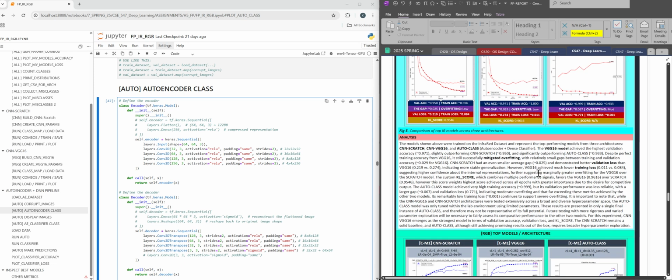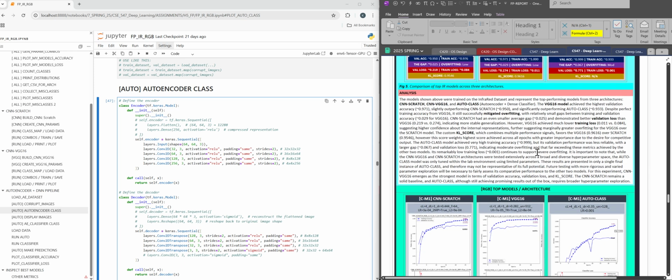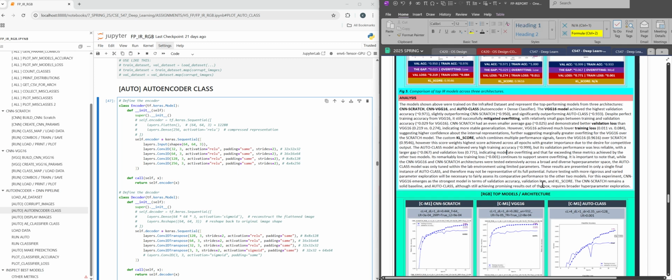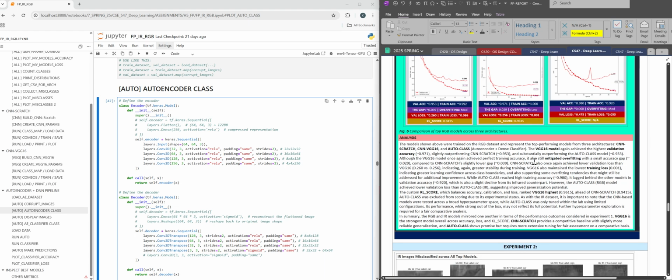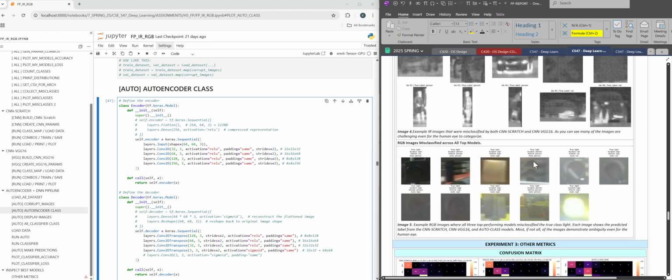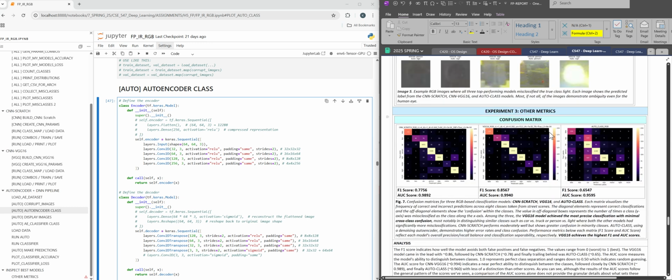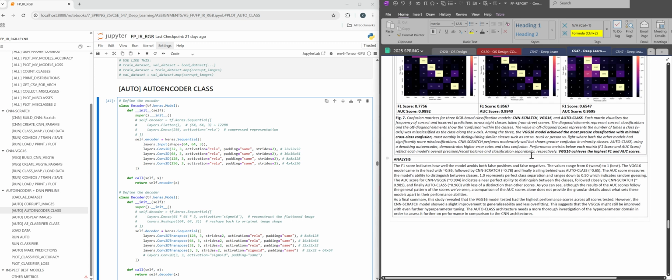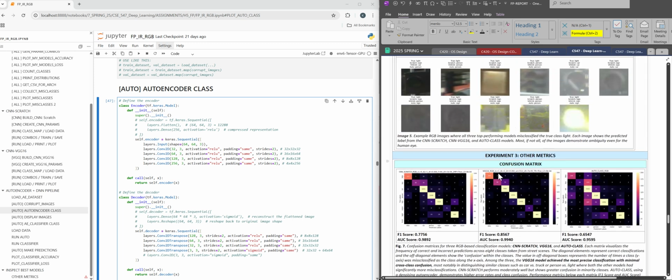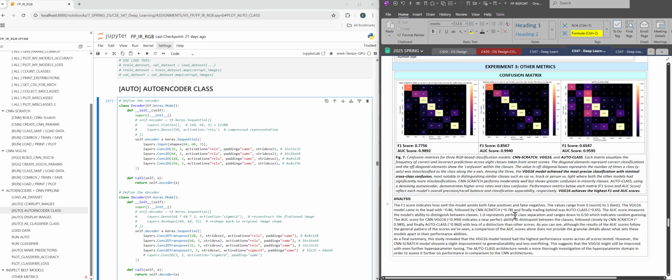But that's about the only thing that the Scratch model or any of the models had above and beyond the CNN VGG16 model. That pattern extends all the way down into the confusion matrix. The F1 score and the A1 score are all higher for the VGG16 top model.